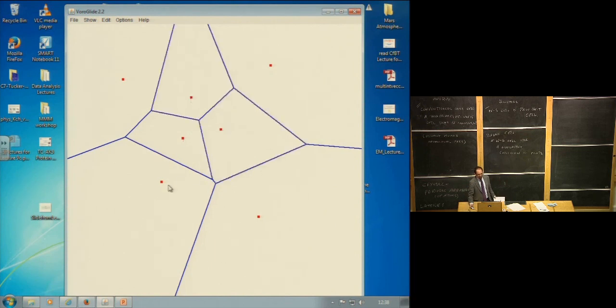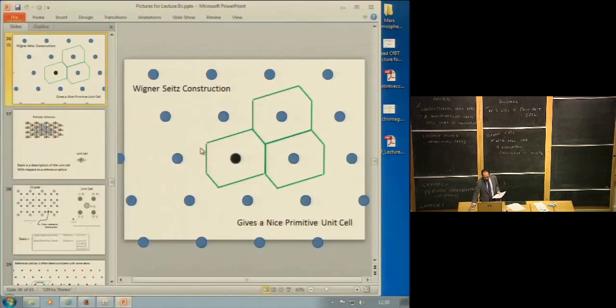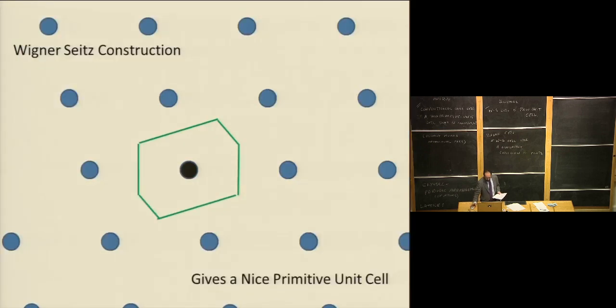You can keep going on and on, adding points, and these cells always wall off the area which is closest to that red point. And you can guess that there are going to be millions of applications of the idea of the Voronoi cell in lots of different areas of science, including pizza delivery, which should be a science by now. Okay. All right. So that's all we have to say about Voronoi cells.